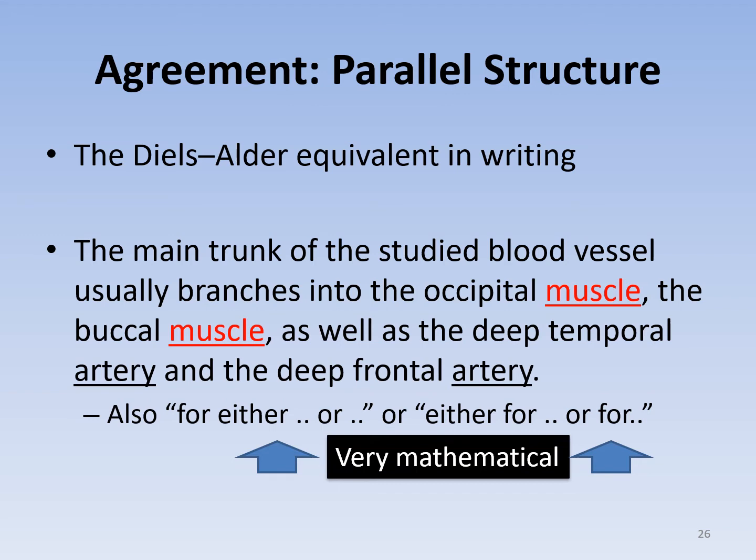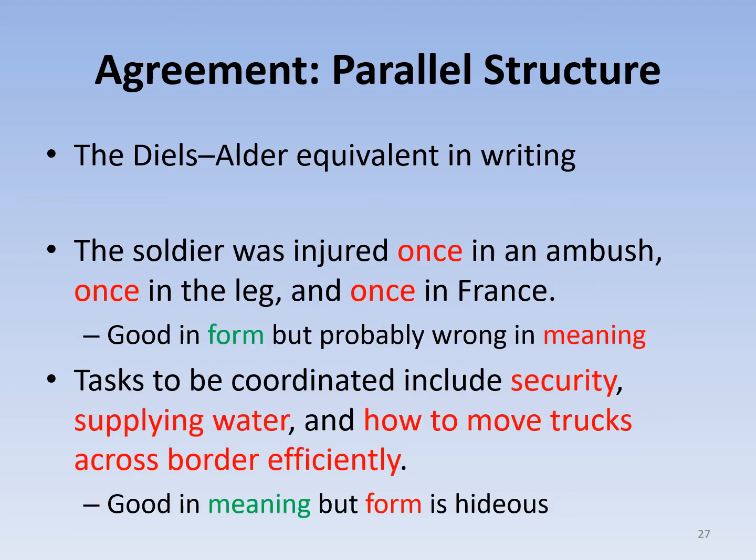And this is the right way to do it, which is very mathematical. And these are even more impressive examples, like: the soldier was injured once in ambush, once in the leg, and once in France. So you see, the sentence looks pretty good, but probably this is not what you're trying to say. And for this one: tasks to be coordinated include security, supplying water, and how to move trucks.